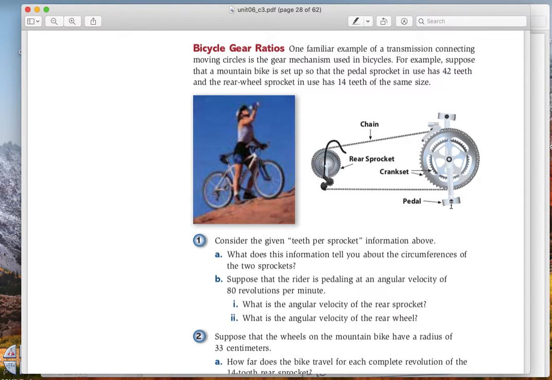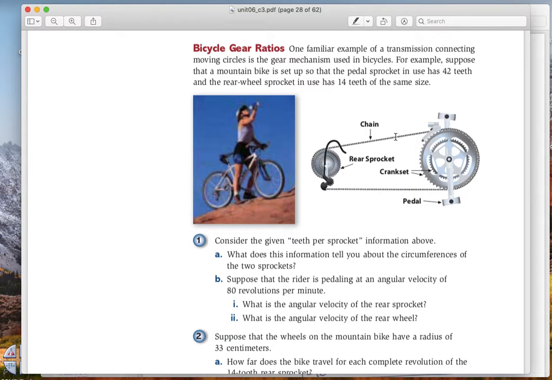So depending on how fast we're pedaling, it's going to determine how fast this circle here is rotating per minute. And this is linked by a chain to this rear sprocket, which is this smaller circle in the back. Now, the relationship between the two of them is that the larger one has 42 teeth and the smaller one has 14 teeth.